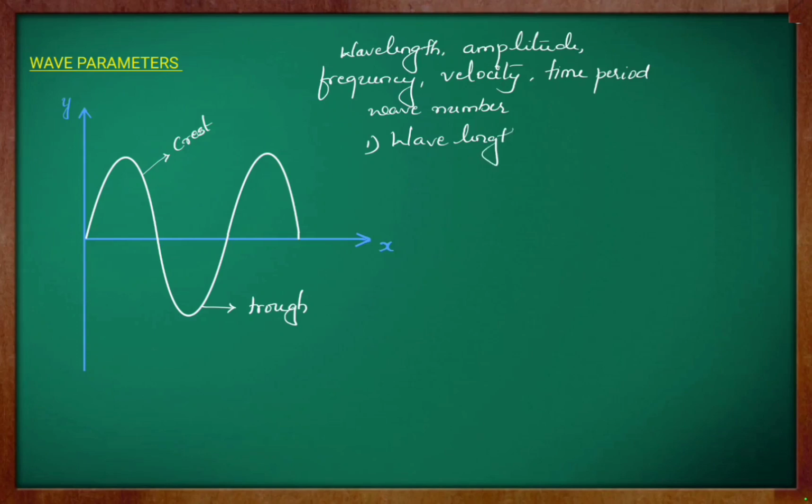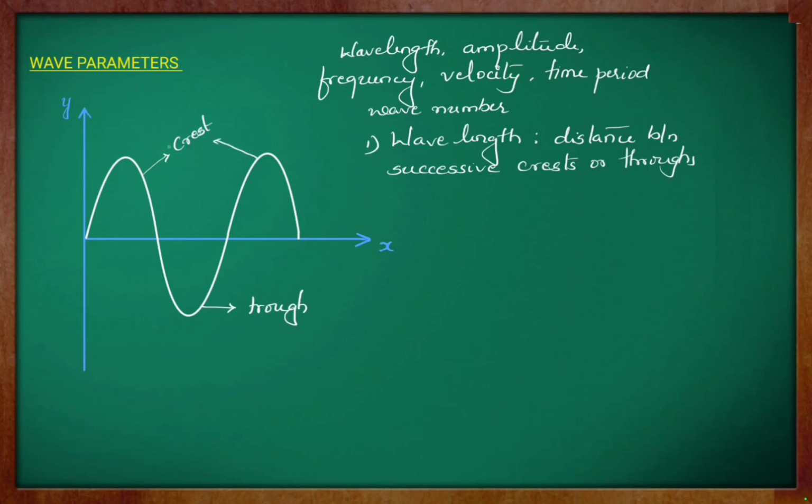Wavelength. Wavelength is the distance between successive crests or troughs. So here in this particular wave diagram which I have considered, I have two crests.